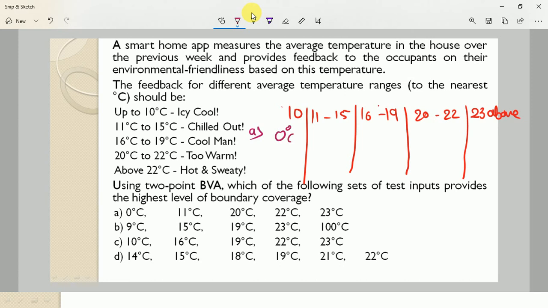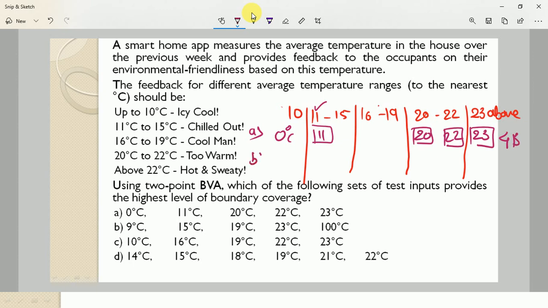Then 11, yes, then 20 falls in this class, yes, 22 here, and 23 here. 10 is a valid boundary, and less than values are also valid, but this is not given here directly, so we can consider 0. Valid boundaries available are 11, 20, 22, and 23. So in total you found 4 boundaries.